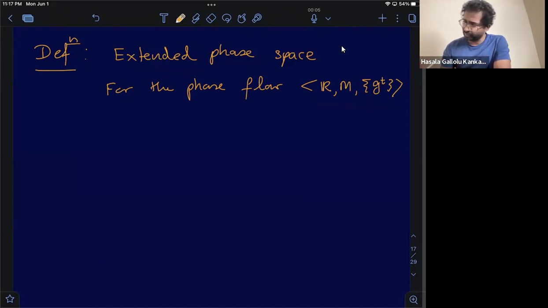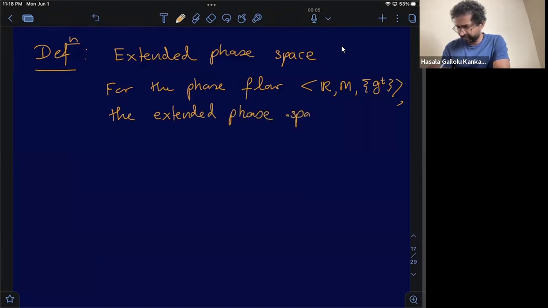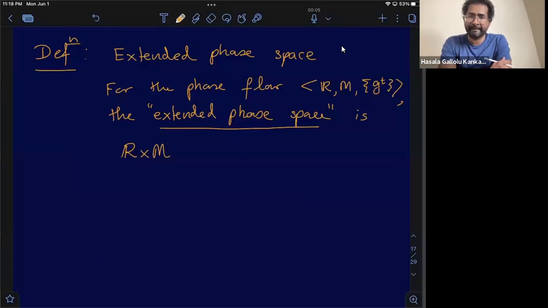For this particular phase flow, the extended phase space is simply R cross M. R cross M simply means, in fact, let's have it in one line. Like that. It does not deserve two lines.